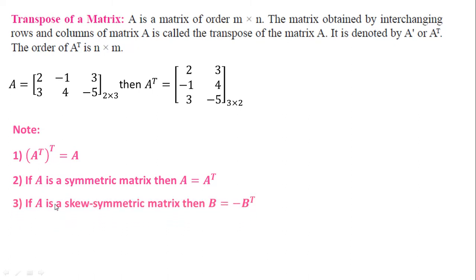Then what about a skew symmetric matrix? Suppose a skew symmetric matrix is given to you. If B is a skew symmetric matrix, then B is equal to minus of B raised to t. You can take any example for this to get this idea.